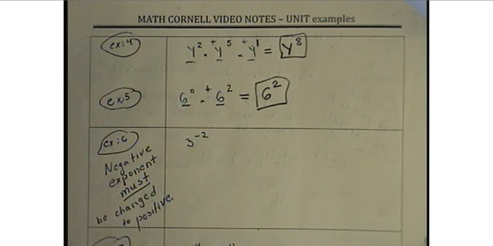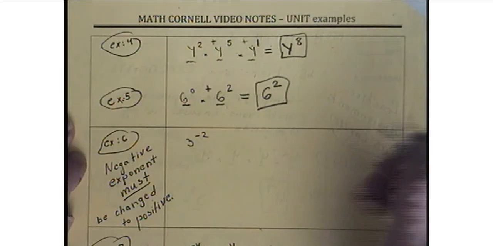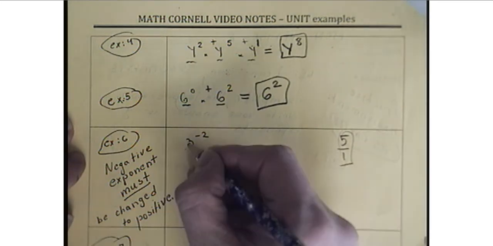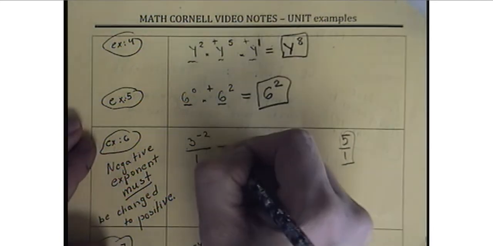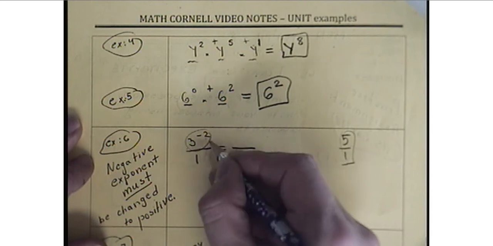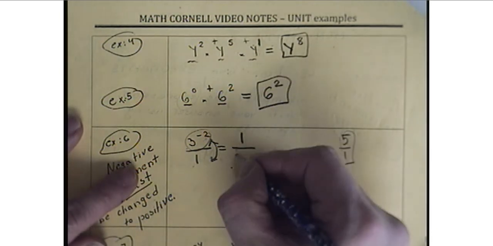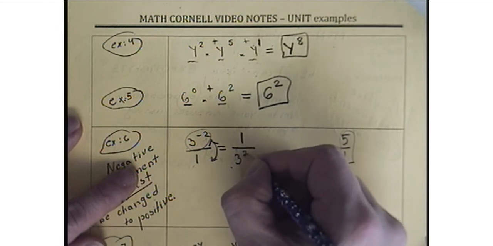How do we make it positive? Think about the denominator of this, just like if you have 5, you will say 5 over 1. This is the same thing, right? So I'm going to write 3 to the negative 2 over 1 here. The reason for that is because in order to make a negative exponent positive, we gotta flip those two. So 1 will go on the top, 3 to the negative 2 will move down here as a denominator, and will change to positive.